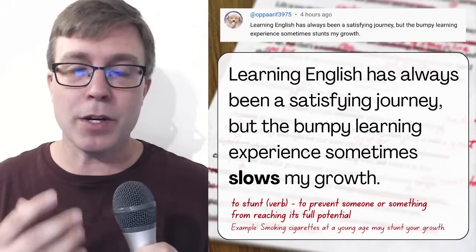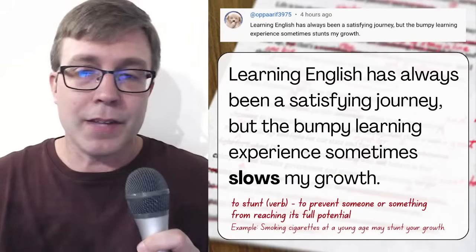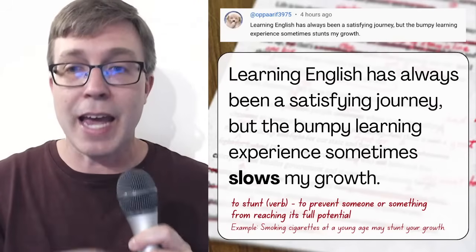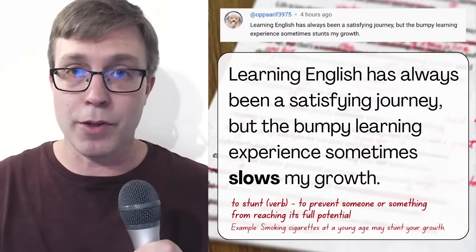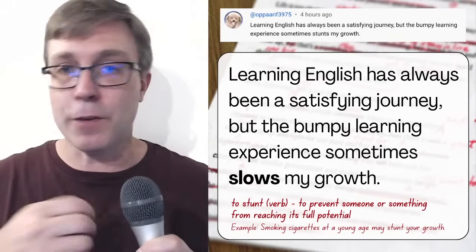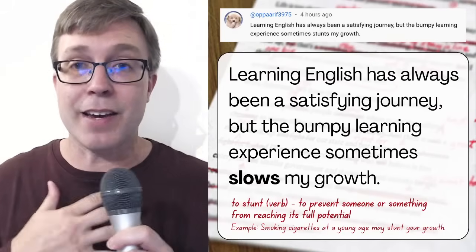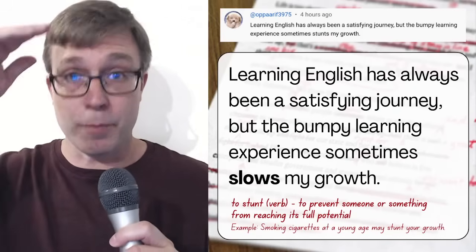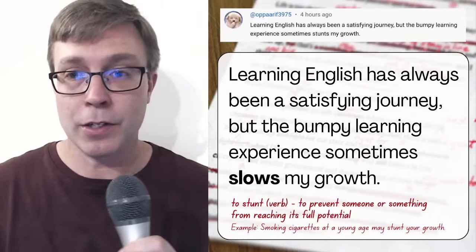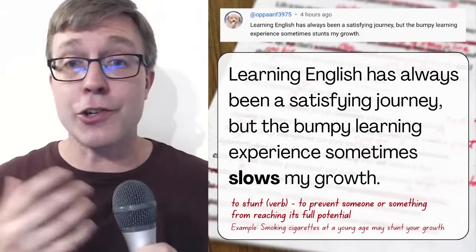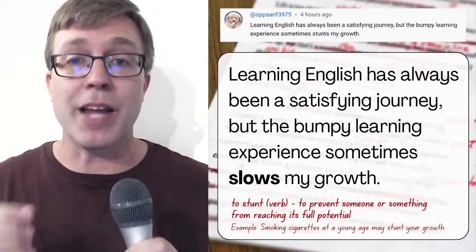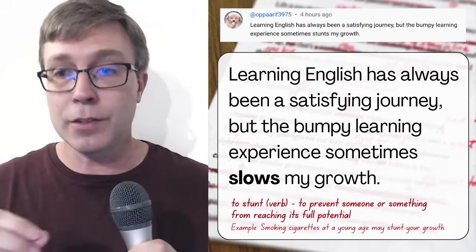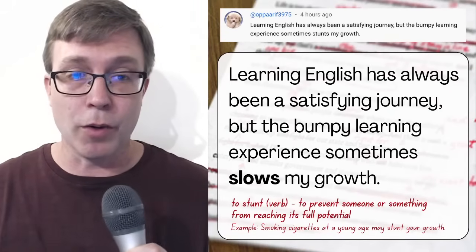And to give you another example sentence with stunts, think of any sentence like smoking cigarettes at a young age may stunt your growth. So again, if you do something at a young age, maybe it's unhealthy, it's going to prevent you from reaching your full potential as you grow, and it's going to stunt your growth. Now, that is a collocation you will hear, to stunt someone's growth or to stunt your growth.